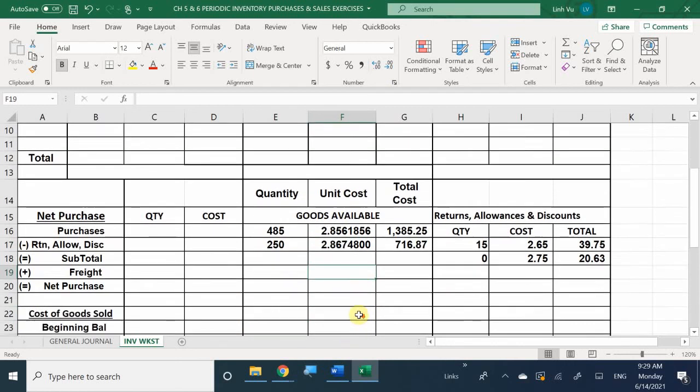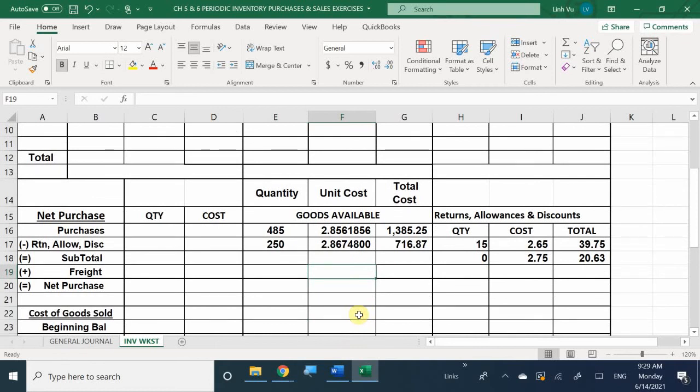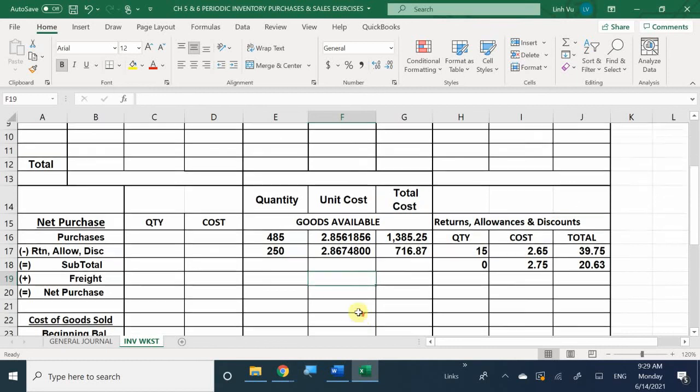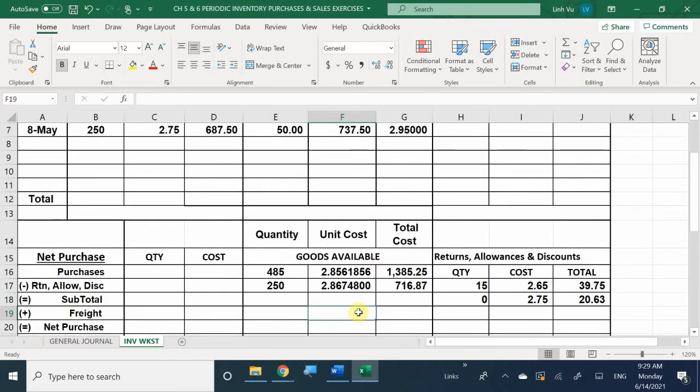Okay. So in this, go ahead. Question, real quick. All right, so I got a total brain freeze here because I'm getting lost again at this point where we're coming up with the 2.8674. How are we coming up with that number again? It is taking your total cost divided by your quantity, right?